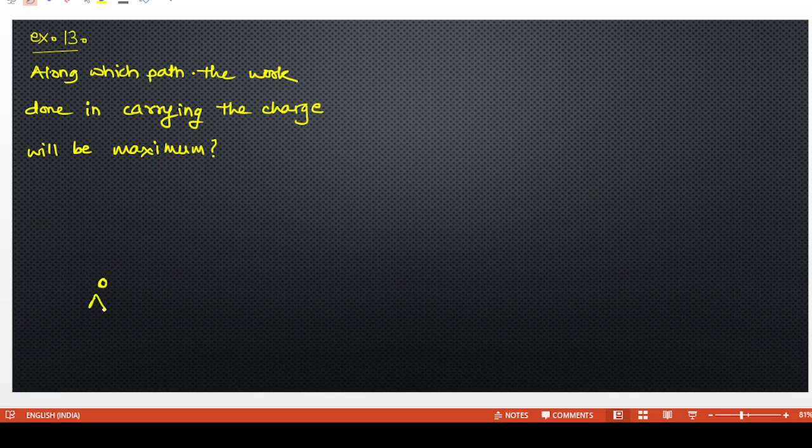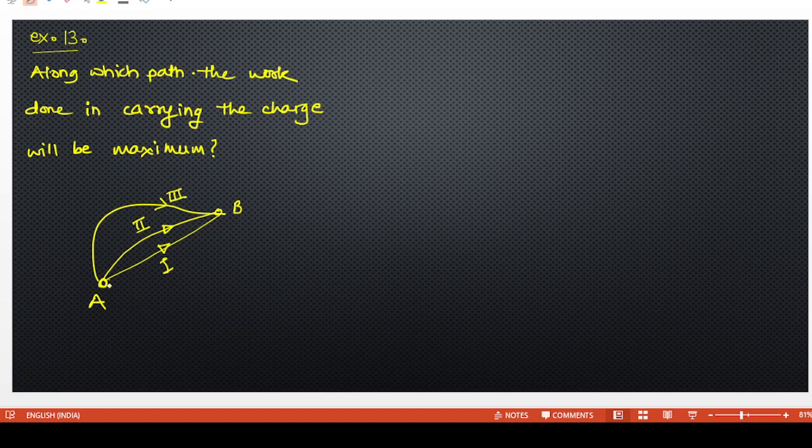So you have to carry the charge from point A to point B. So there are different paths. This is path 1. This one is path 2. This one is path 3.